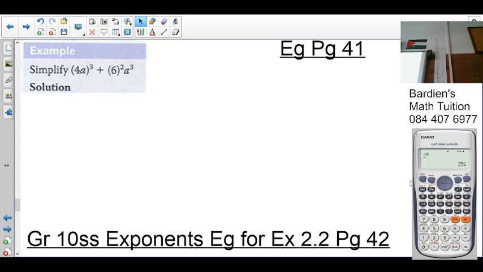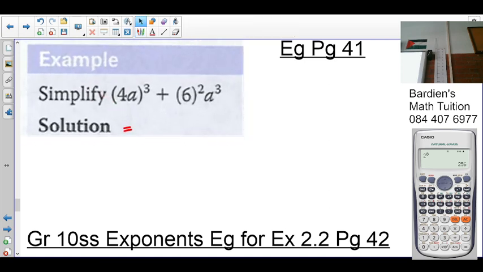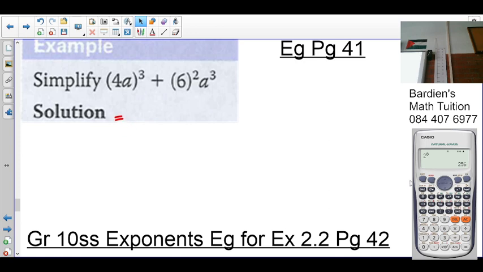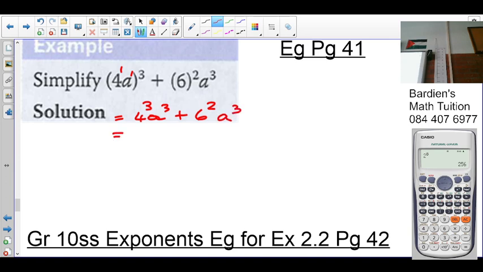Again, they asked to simplify: 4a to the exponent 3 plus 6 squared a cubed. Get rid of the brackets first. So this is going to be 4 to the exponent 3, because that is a 1 and a 1, so it's 4 cubed a cubed plus 6 squared a cubed. What's 4 cubed? 4 times 4 times 4, which is 64a cubed plus 36a cubed.